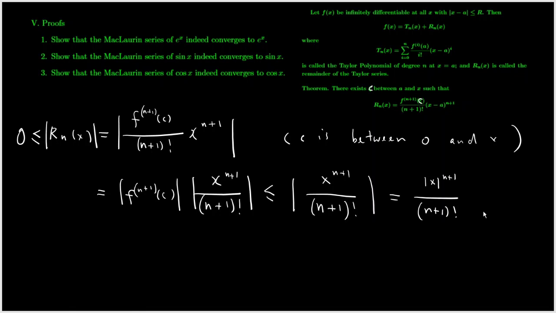So we take the limit as n goes to infinity. We want to take the limit of the quotient. The numerator is the absolute value of x to the power of n plus 1, and in the denominator you have n plus 1 factorial.